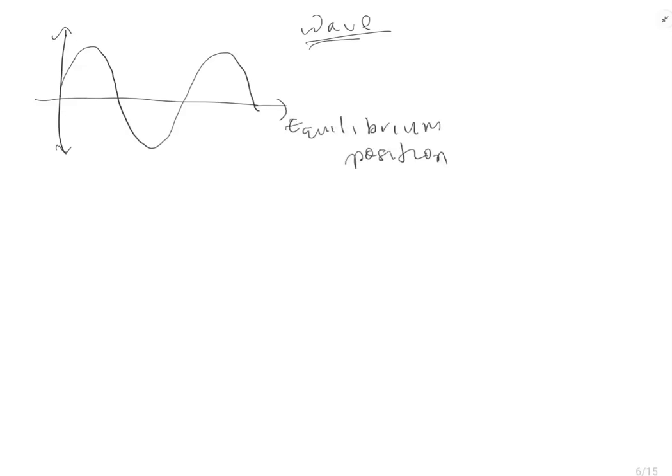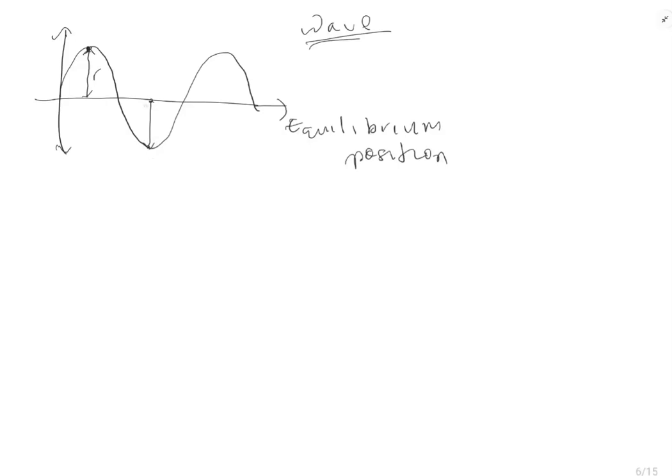We identified what an amplitude is when we were looking at pulses in the previous video. The amplitude is the distance from the equilibrium position to the maximum point, or it could also be to the minimum point in the case of a wave.